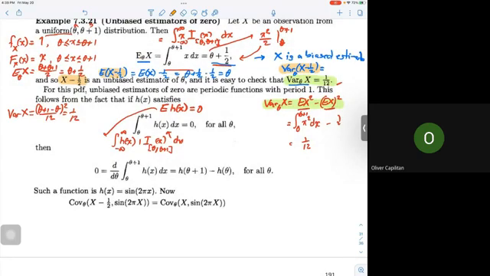Then we have this equality here. Itong part na to, medyo, yung zero dito is actually equal. Yung 0 is equal to the derivative with respect to theta of 0. Okay?